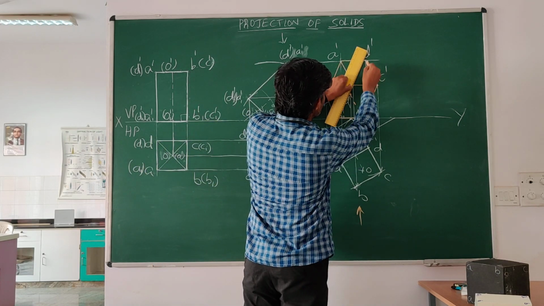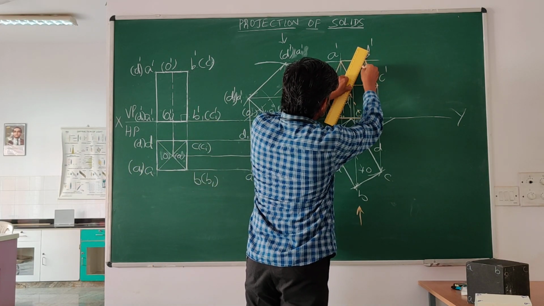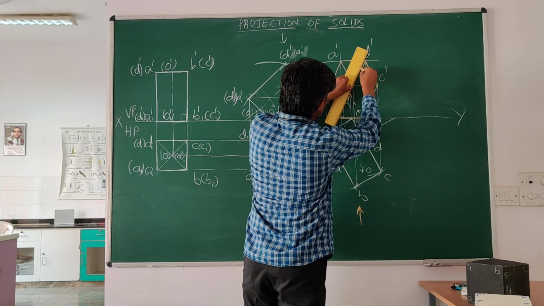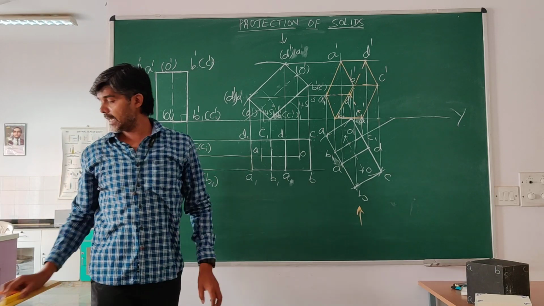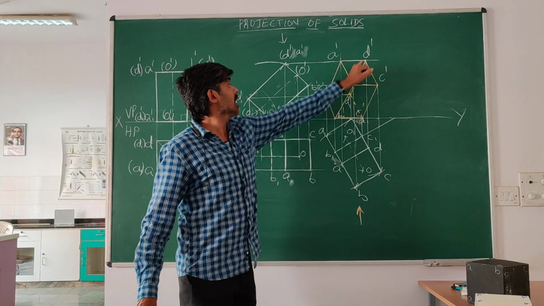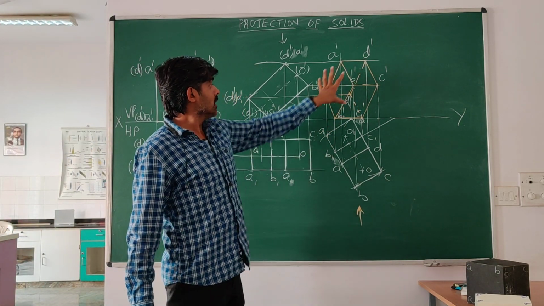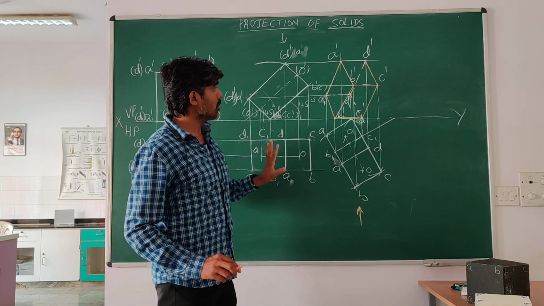So using that rule, I join this way. So D1D is a hidden line. Now this is the completion of the problem.